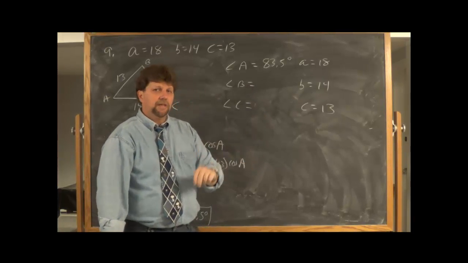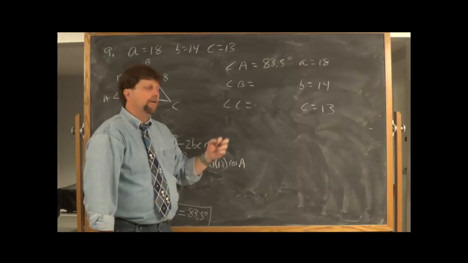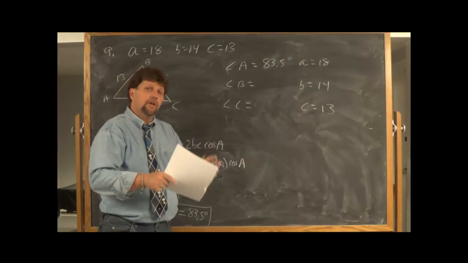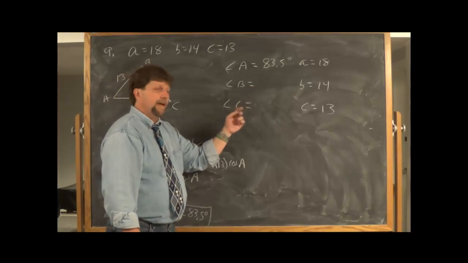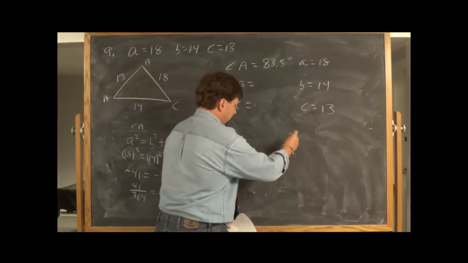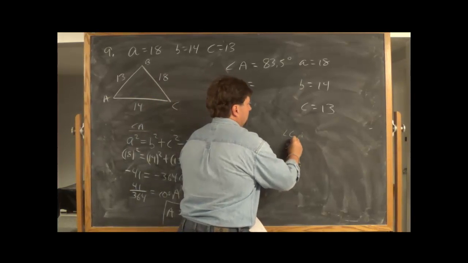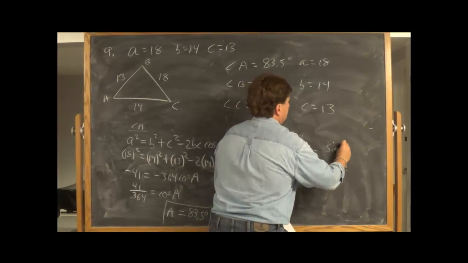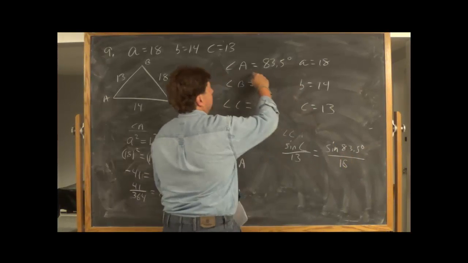Because I know they have to be acute, rather than use the law of cosines to find angle B or angle C, to me it's a little shorter, quicker, easier to use the law of sines. So I would now use the law of sines to find either angle B or angle C. Here I picked angle C. So I have sine of C over little c is equal to the sine of 83.5 degrees over 18, angle A over little a.